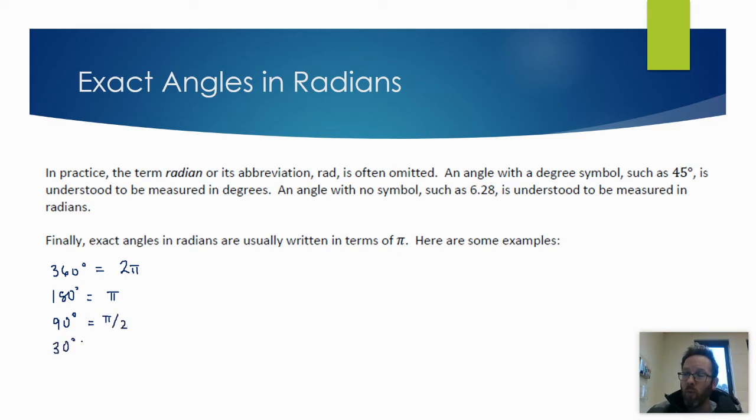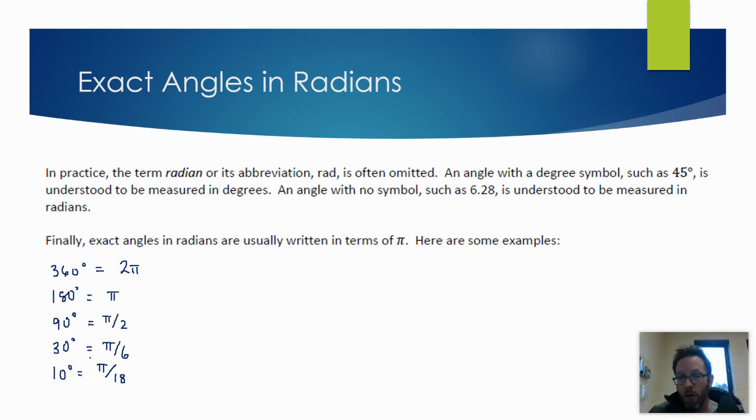Well, 30 is 1/6 of 180. 30 degrees, pi over 6 radians. And so on and so forth. I'll do one more. 10 degrees, that's 1/18 of 180. So 10 degrees we can write as pi divided by 18. So often when we can, we like to write angles in radians in terms of multiples of pi. Those are just some examples for you guys.